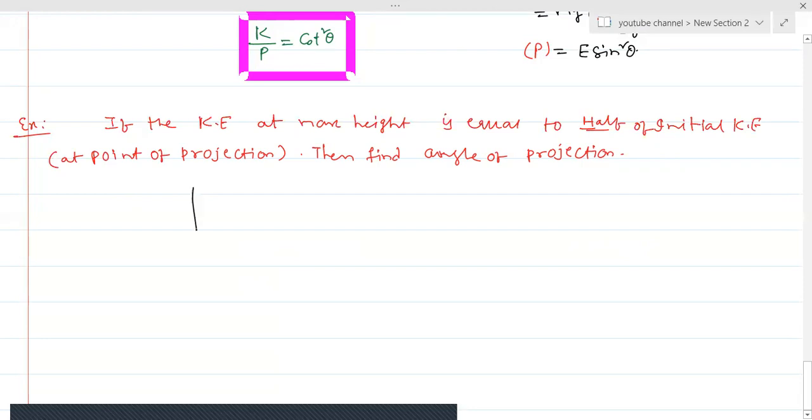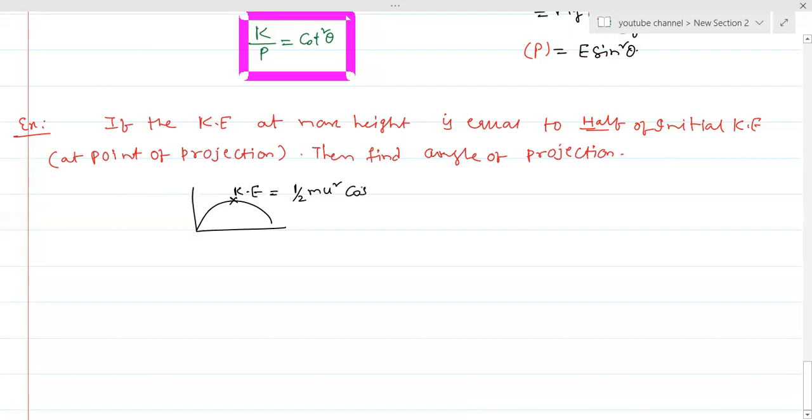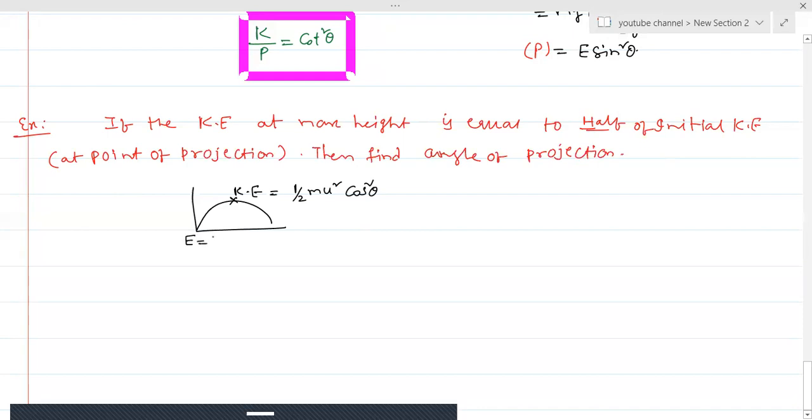So we are taking the maximum height. The kinetic energy there is half m u square cos square theta. Suppose we take the initial energy as E equivalent to half m u square. Then the kinetic energy at maximum height is E cos square theta.